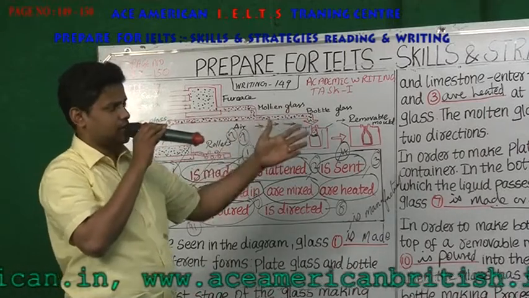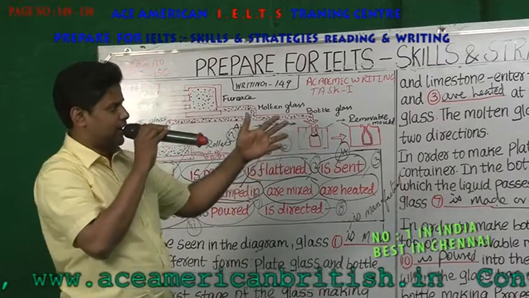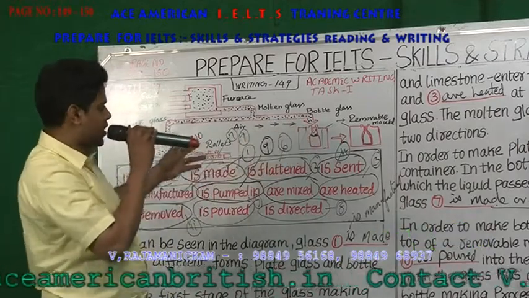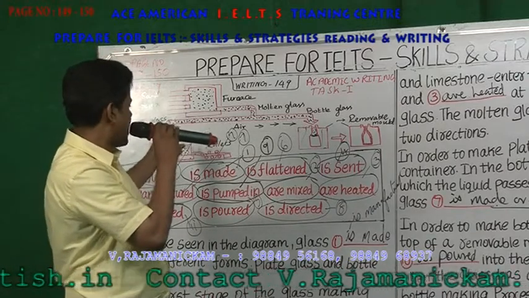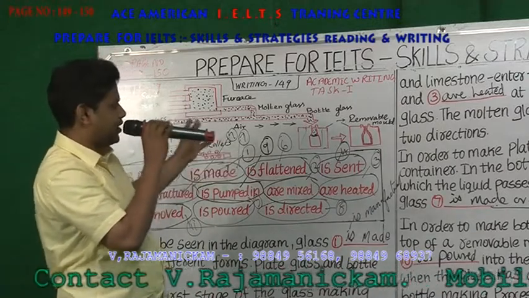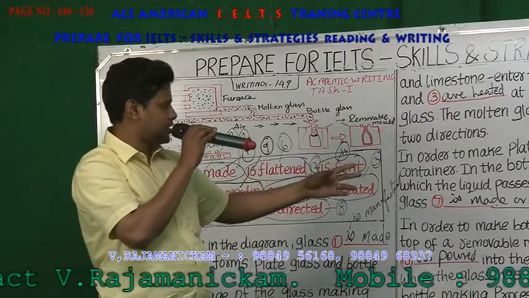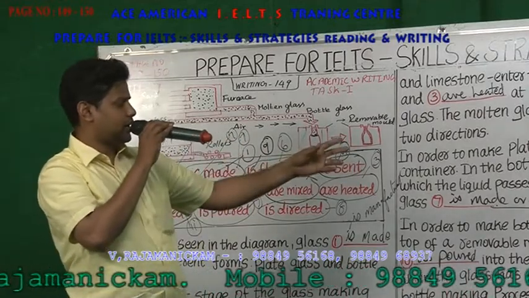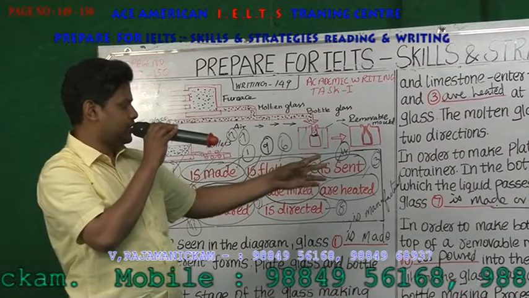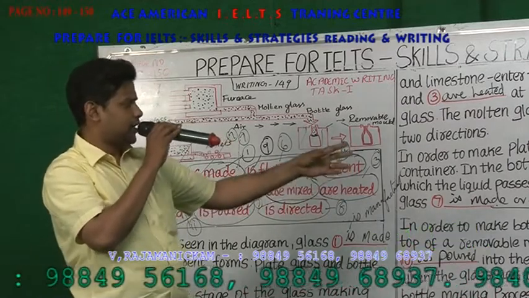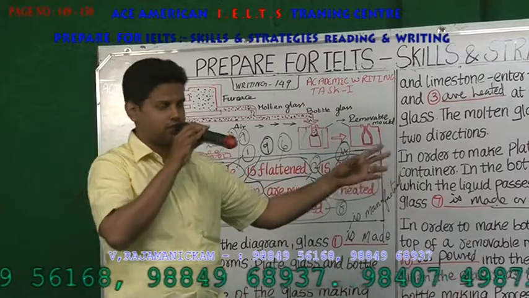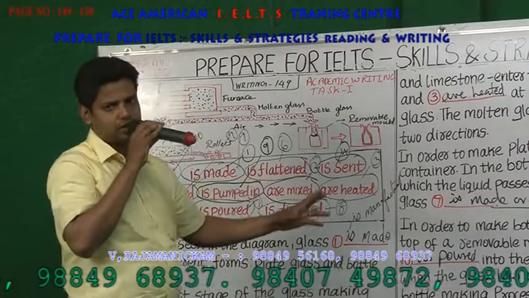The molten glass leaves the furnace. It is sent into two directions. One is to make plate glass. In order to make the plate glass, at the bottom of the container there is an opening into which the liquid glass passes, and by some rollers it is flattened and the plate glass is made.